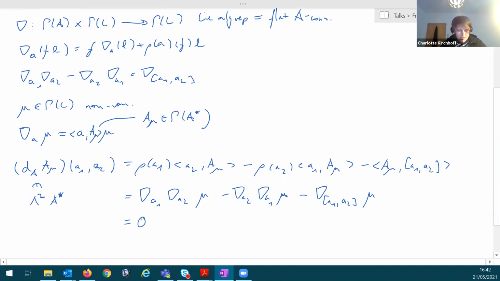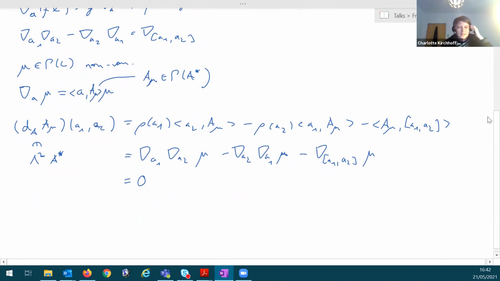to get a representation. So that's an important property of this characteristic section, that it is in fact always a closed element in the complex associated to the Lie algebroid, and thus defines a class in the first Lie algebroid cohomology. As I said, the section itself depends on mu, but this class does not.